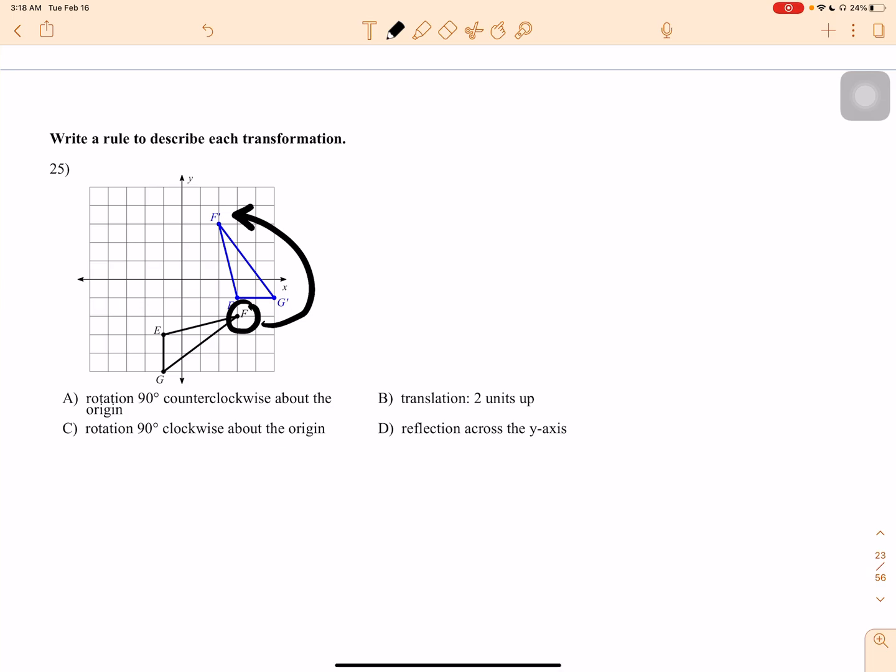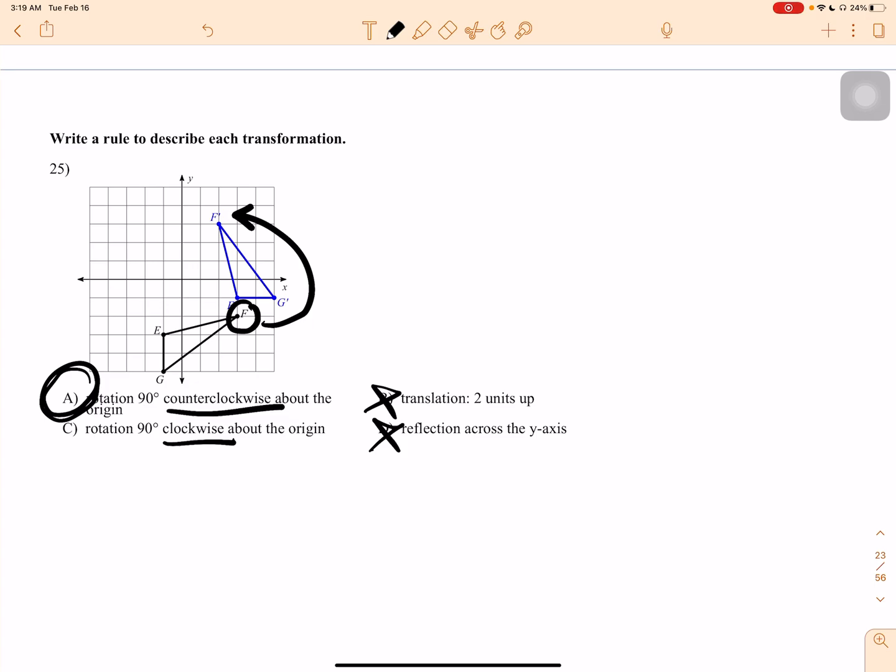So to go from F to F prime up top in a 90-degree rotation, is it clockwise or counterclockwise? I'm going up to the left. It'll be counterclockwise. Definitely not a translation, definitely not a reflection.